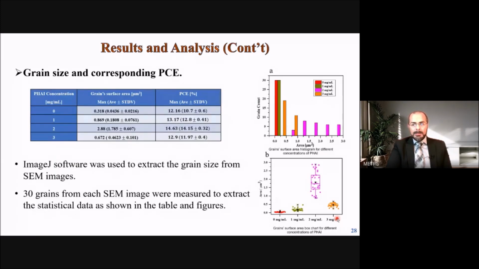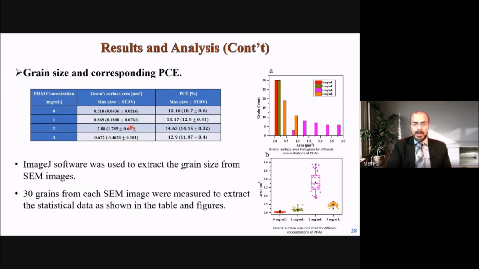One more step I did was to study the relation between the grain size and the efficiency. Is there a relation between the grain size and the efficiency? This is the statistics I studied. This table has the grain size for the different conditions, and the last column has the efficiency.